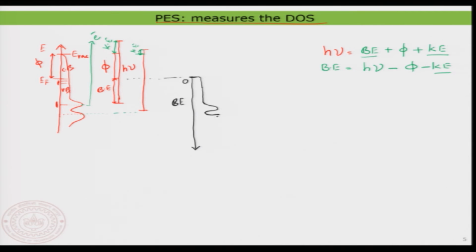It will come and stop at one point where the photon energy is finished, because there is also a magnitude for the photon energy that you supplied, right.